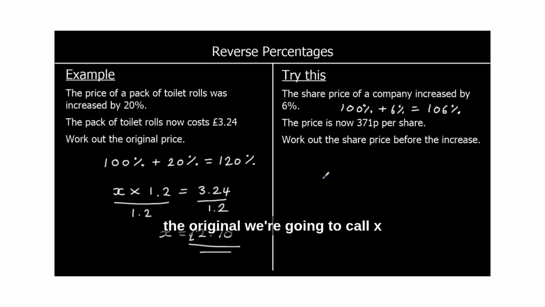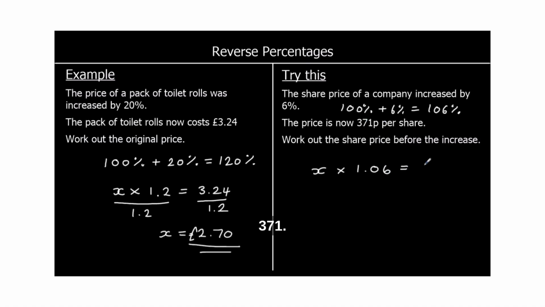So the original, we're going to call x, times 106%, or as a decimal 1.06, equals 371. So if I want to get x by itself, the original by itself, I divide both sides by 1.06.